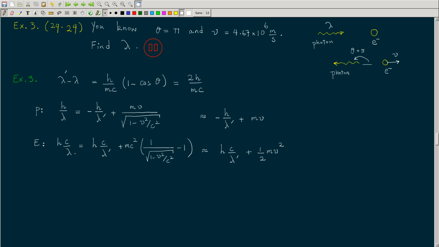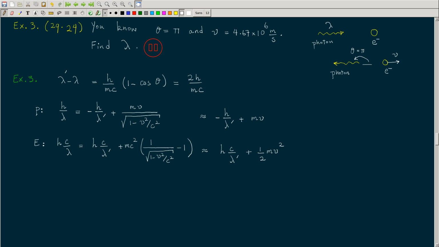And for the energy, you can use the kinetic energy of the electron here, or if you're using the energy of the electron, you should remember to include mc squared as the rest energy of the electron on the left hand side too. So this is the energy conservation I wrote. hc over lambda is the energy of the photon before the collision and after the collision. This is the energy for the electron. Again, for the kinetic energy of the electron, you can use half mv squared as a non-relativistic approximation.